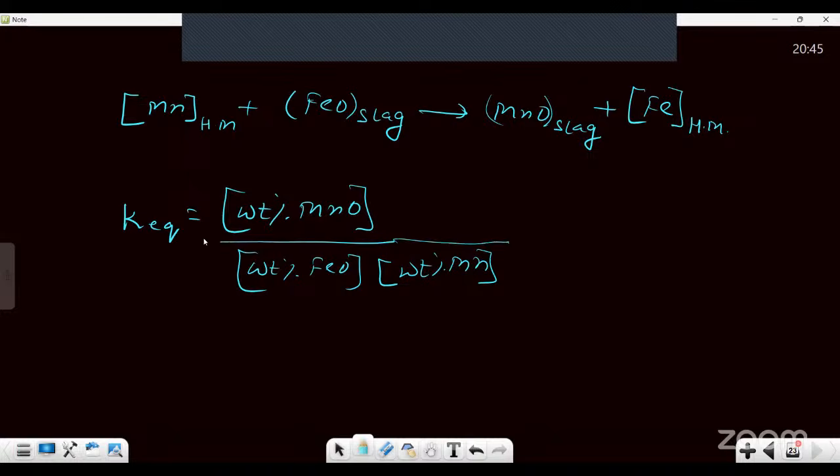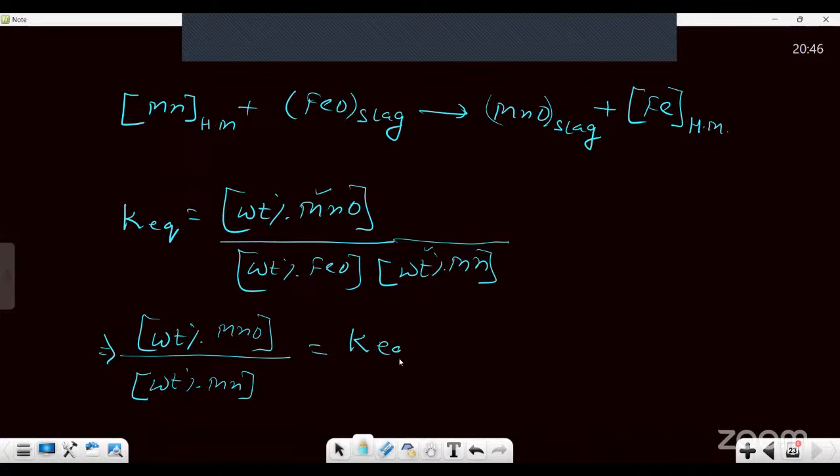Now, from here, if I keep the weight percentage of MnO and weight percentage of Mn on one side, I can say the weight percentage of MnO divided by the weight percentage of Mn, manganese, is equal to K equilibrium times the weight percentage of FeO.